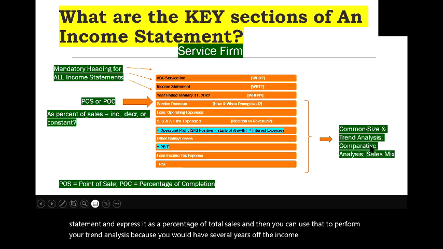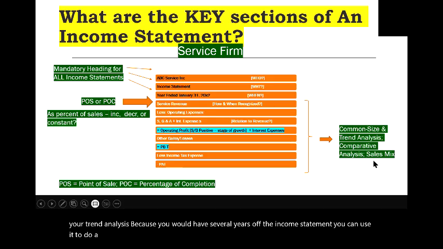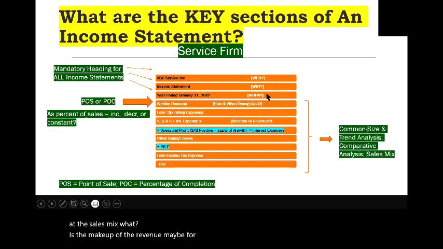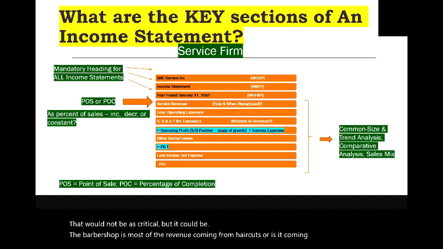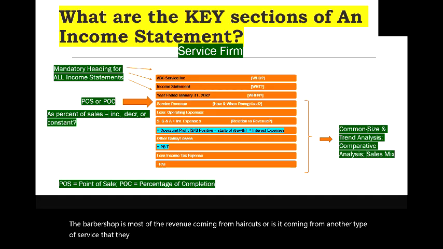You can use it to do a comparative analysis, and you could also look at the sales mix. What is the makeup of the revenue? Maybe for a service firm, that would not be as critical, but it could be. The barbershop, is most of the revenue coming from haircuts, or is it coming from another type of service that they're providing? So what is the mix of the revenue?